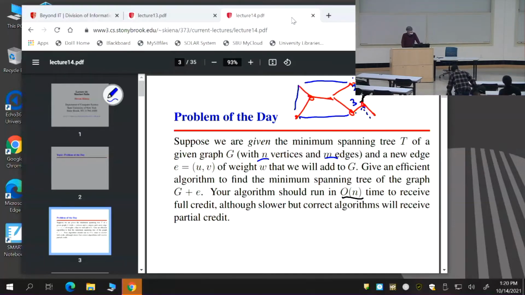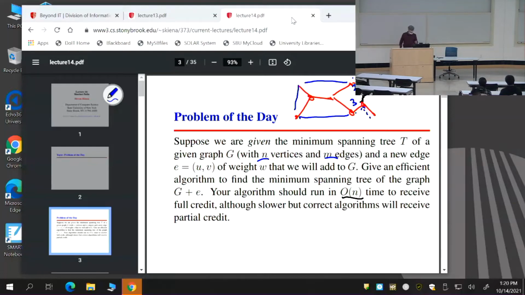Or might it still be on the minimum spanning tree? Think about it. Yeah? It might still be on it because there's this cycle. The word that I wanted to hear was the word cycle, okay?